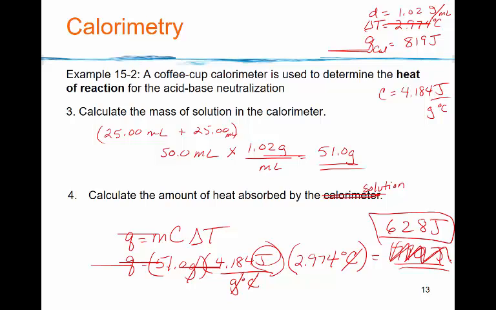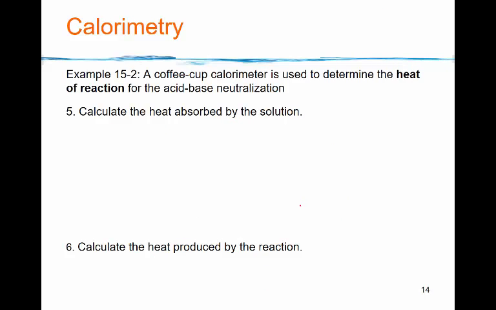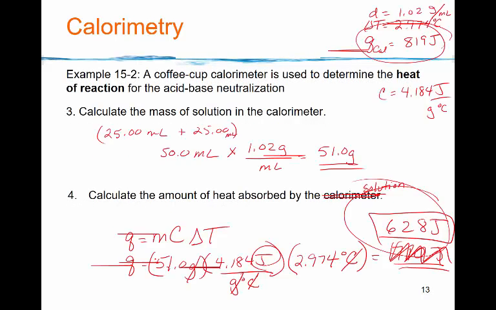And so what we can do now, it's very simple after this. Once we get the Q of the calorimeter and the Q of the solution, we know that the heat of the reaction, Q, is going to be equal to the, how much was it?